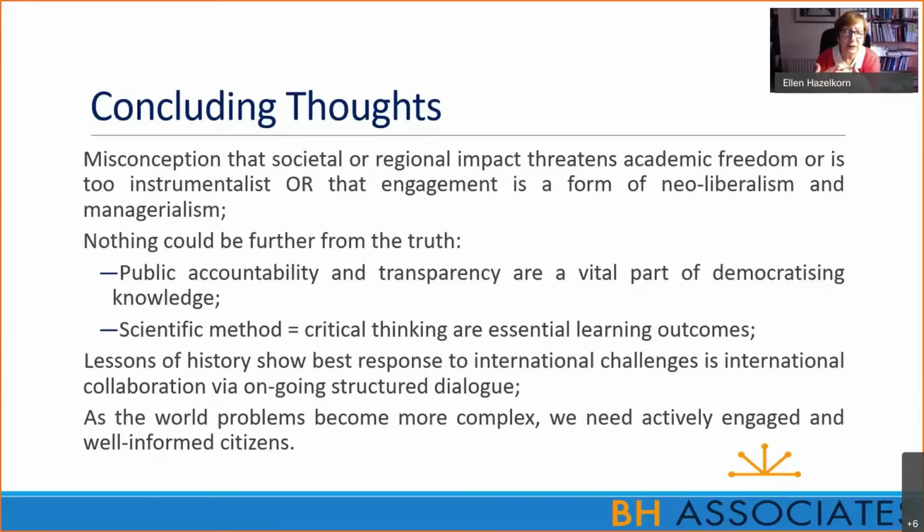The lessons of history show us that the best responses to international challenges are through ongoing structured dialogue, multilateral organizations, and continued collaboration. And ultimately, as the world becomes more complex, we need actively engaged and well-informed citizens, because we see what happens when people are left behind. Thank you.